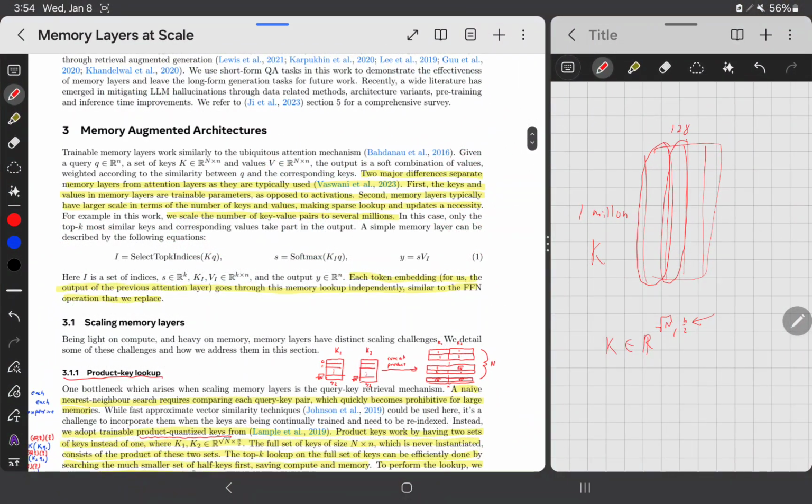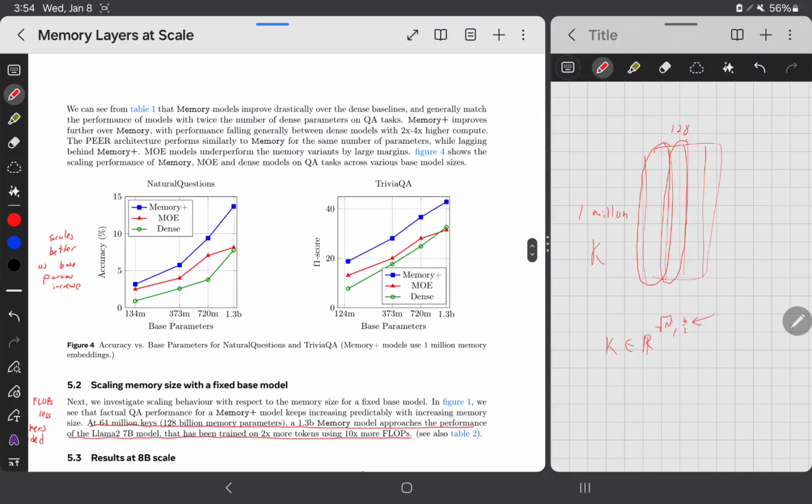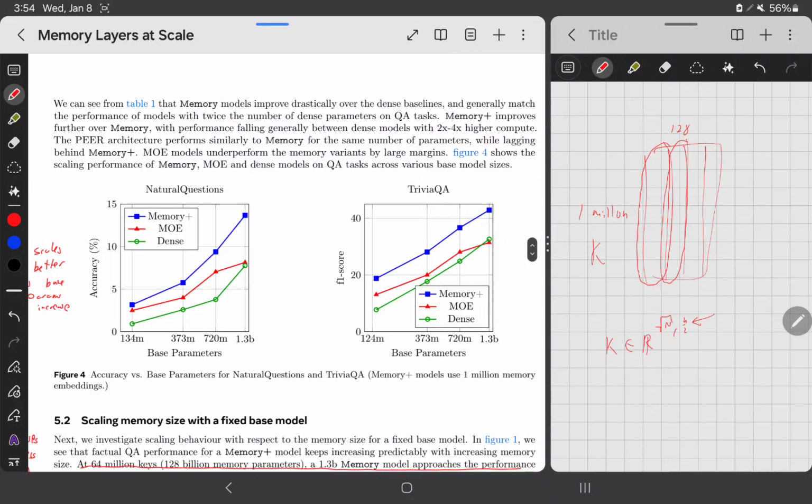So they also show down here that it scales better than a dense model and a MoE model. They look at some benchmarks and they show the number of base parameters being used. So this is the number of active parameters being used, not the total number of parameters.